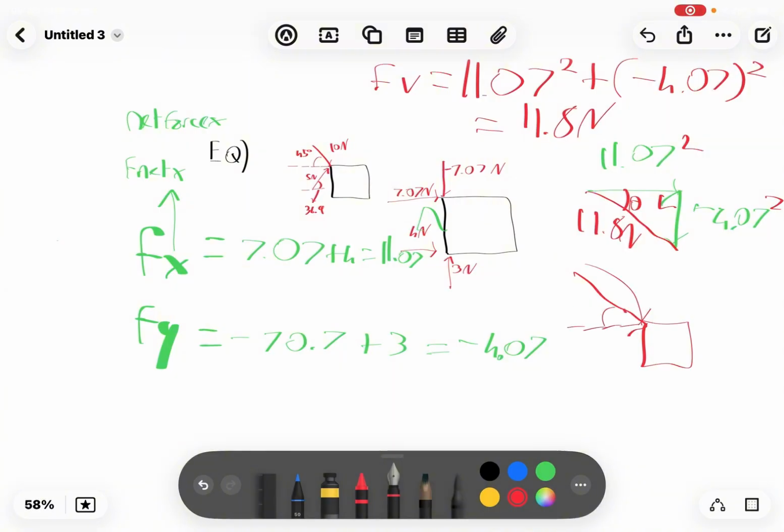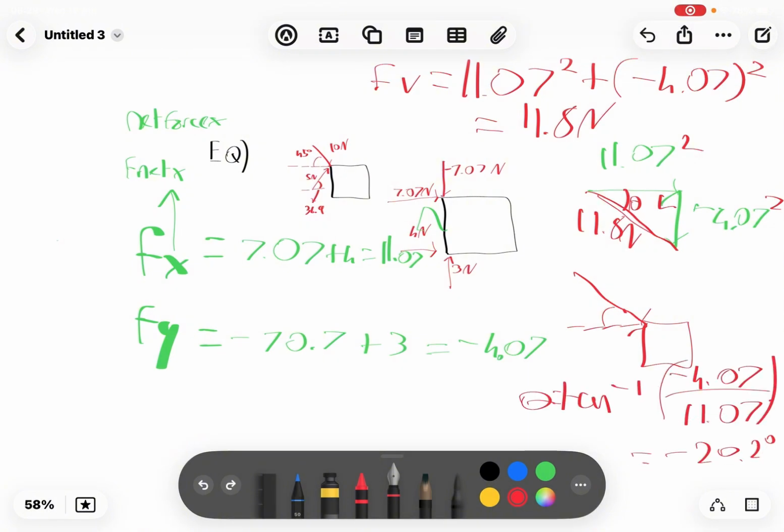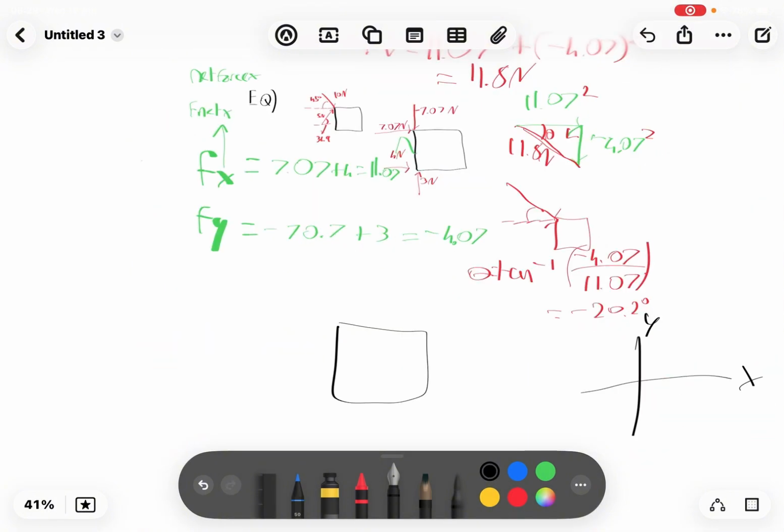If you change the direction of it, that's where the angle would be. So the degrees is negative 20. X, I mean, it is positive, so it's going to be here. And the Y is negative, so it's going to be here. So it's going like that. It was positive, but it turned out to be negative.